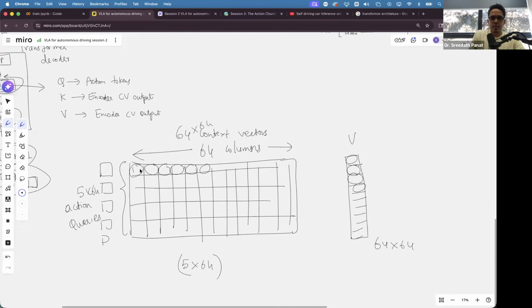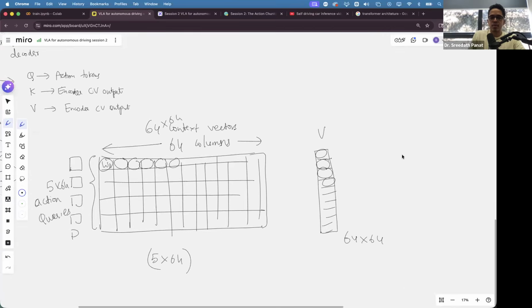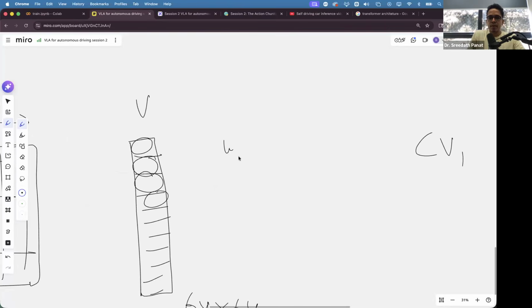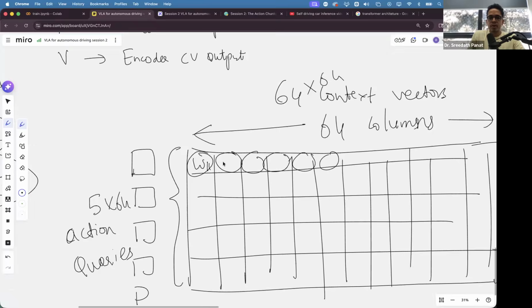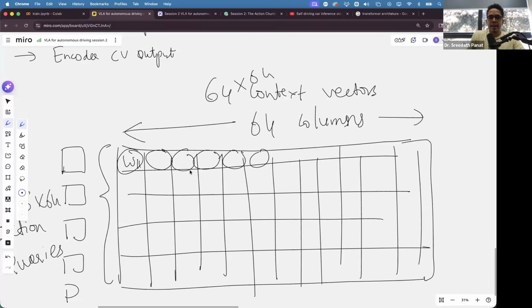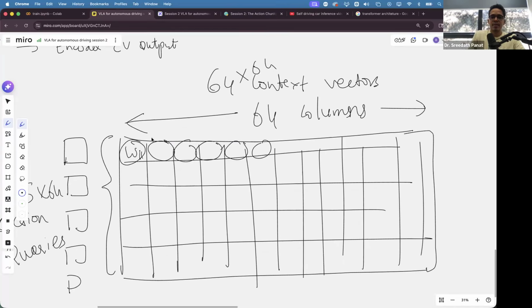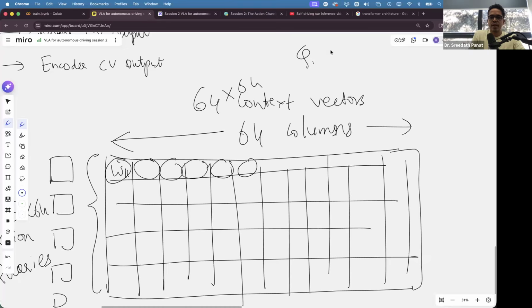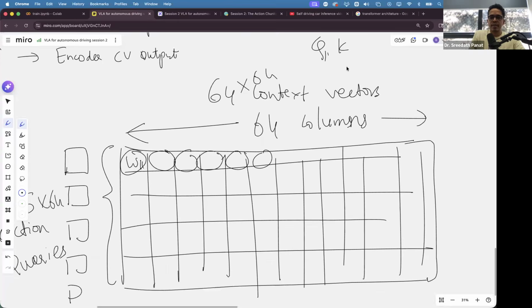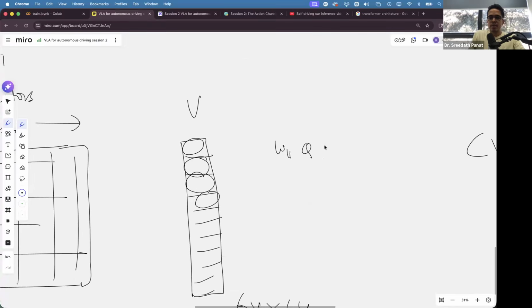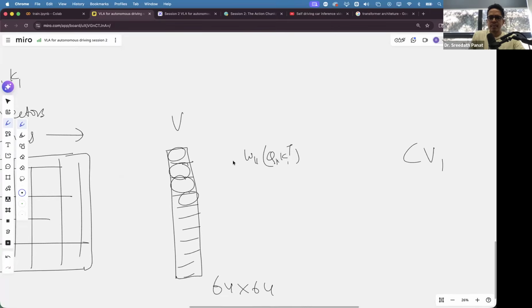So if I call this W11, W12, etc. My first context vector CV1 will be W11 multiplied by... actually, why do I need Q dot K transpose if I already have W?